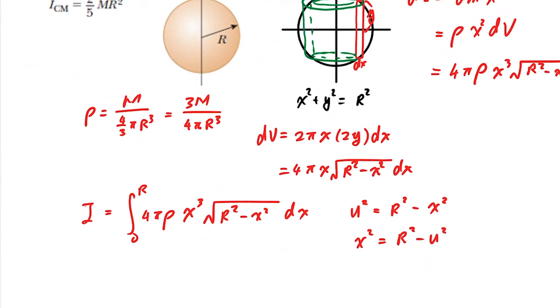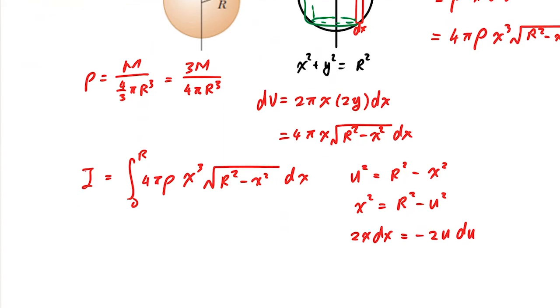So far, so good. I need dx. So implicit derivative: 2x dx is equal to negative 2u du. So my dx happens to be negative u over x du.